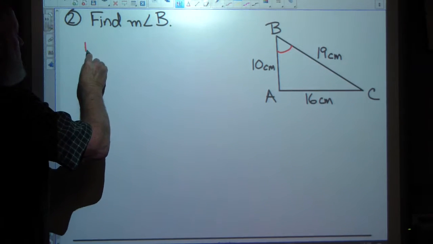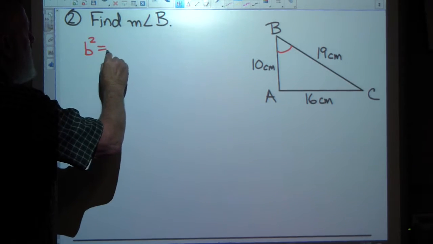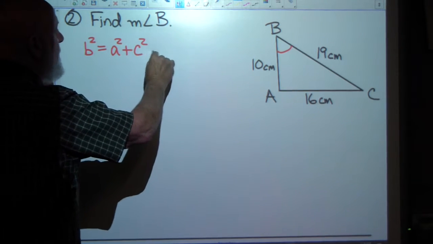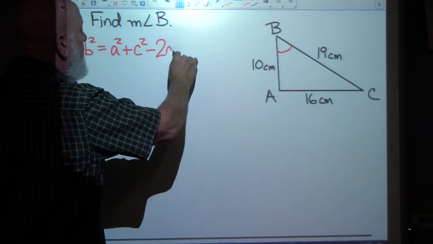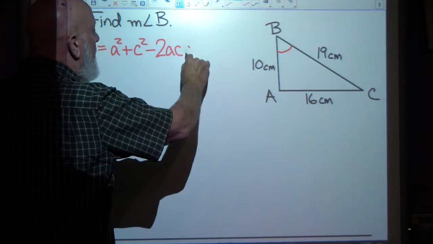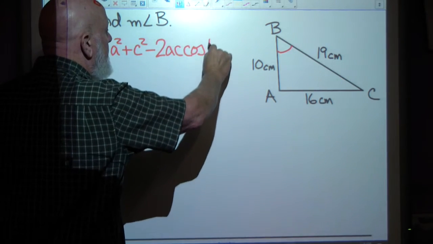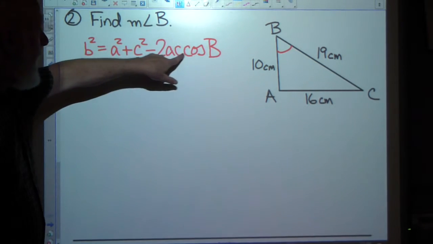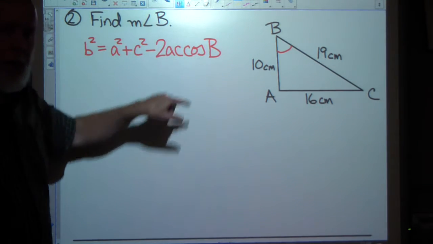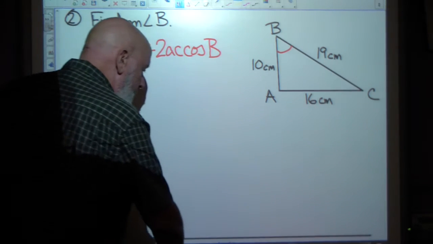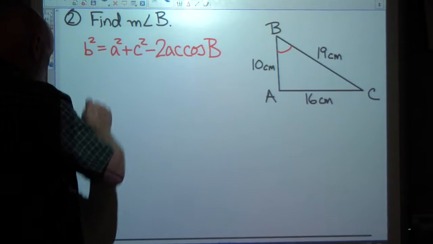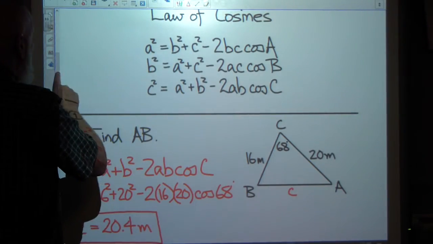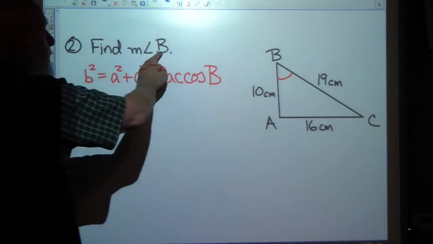B squared is equal to A squared plus C squared minus 2AC cosine B, because I'm looking for B. I know all the rest of them. So here we go. Let's plug in. The reason I chose this one is because it said to find angle B.